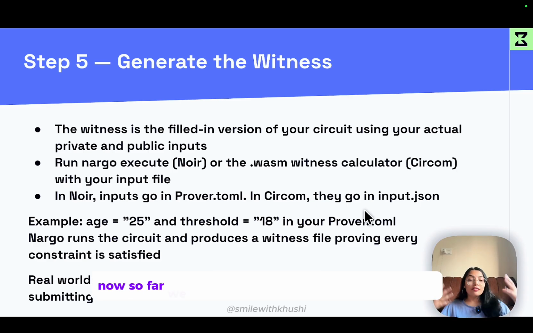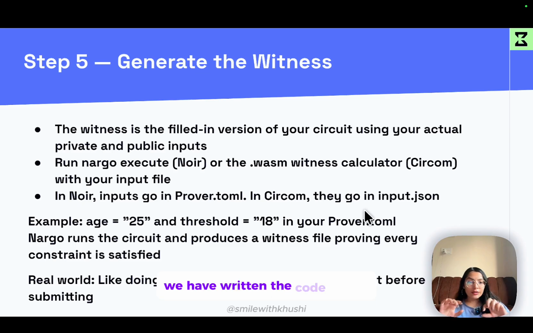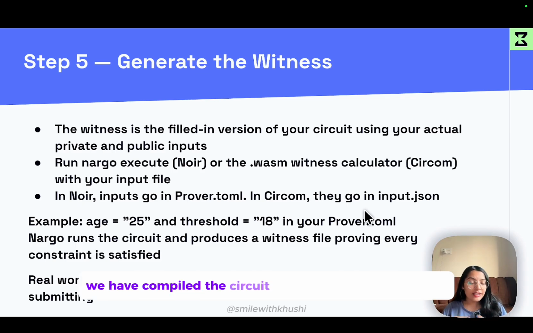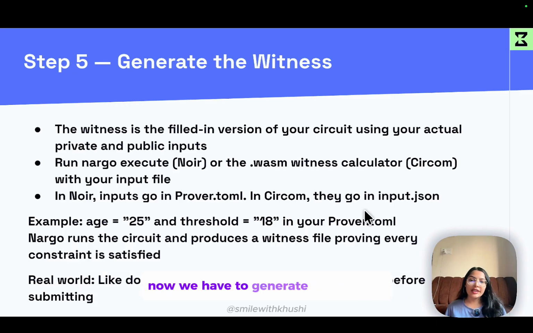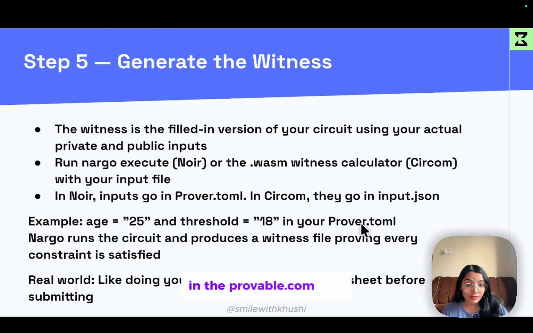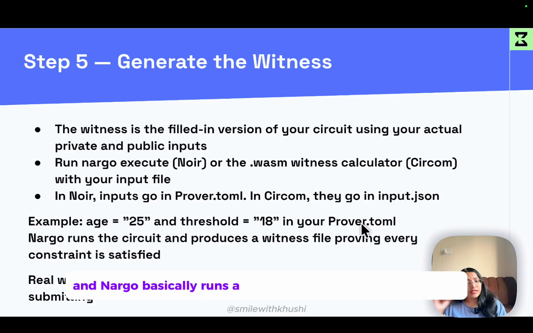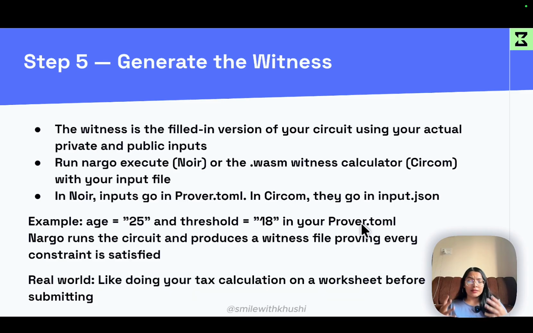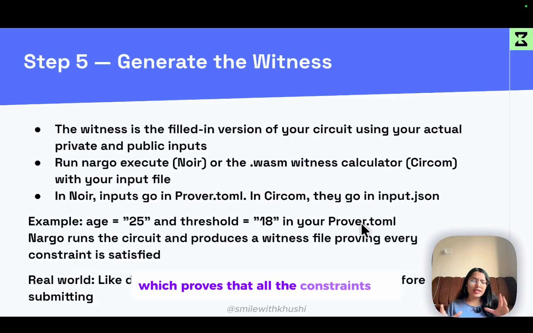Fifth is witnesses. Now, so far, we have defined the logic of these circuits. We have written the code where we define the circuits in Noir. We have compiled the circuit for the ACIR representation. Now, we have to generate the witness. Witnesses are going to be the set of private and public inputs that are present in the Prover.toml file. And Nargo basically runs a circuit and produces a witness file, which proves that all the constraints are satisfied.